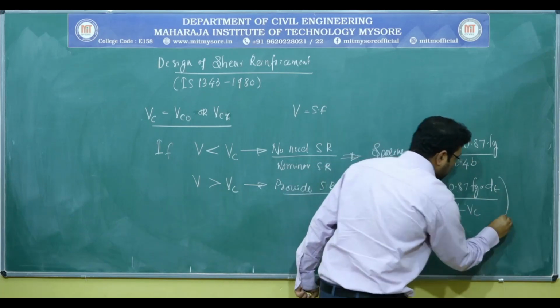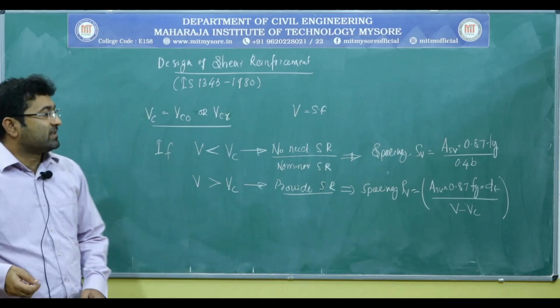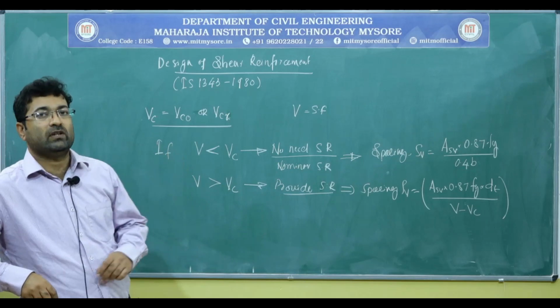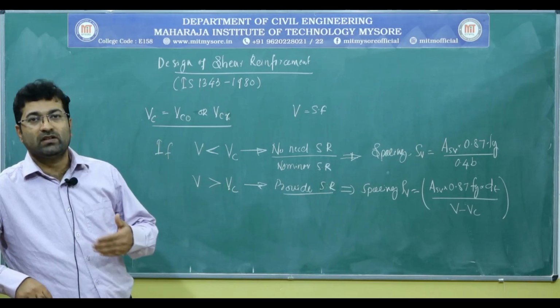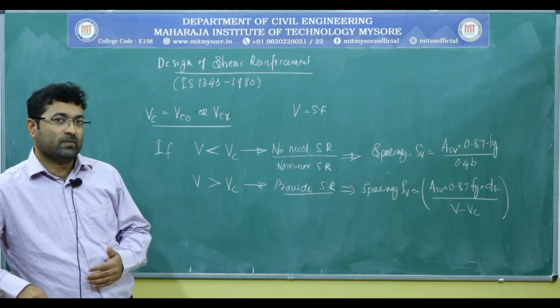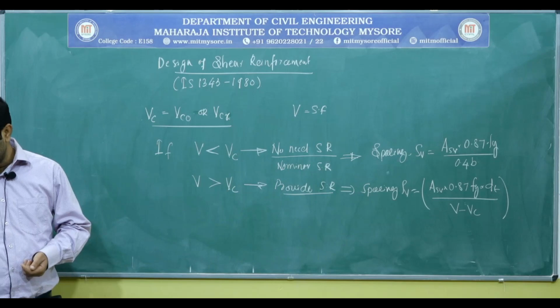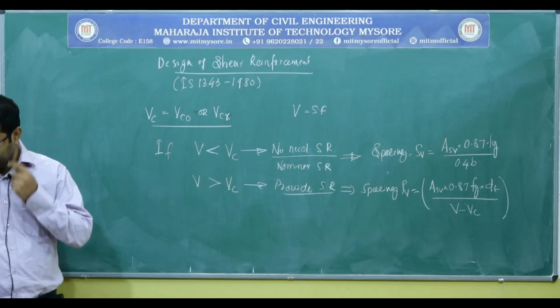Using this formula, we work out the spacing of the shear reinforcement. Usually we assume the diameter of the shear reinforcement, then we estimate at what intervals it needs to be provided. Based on this, we will solve some problems.